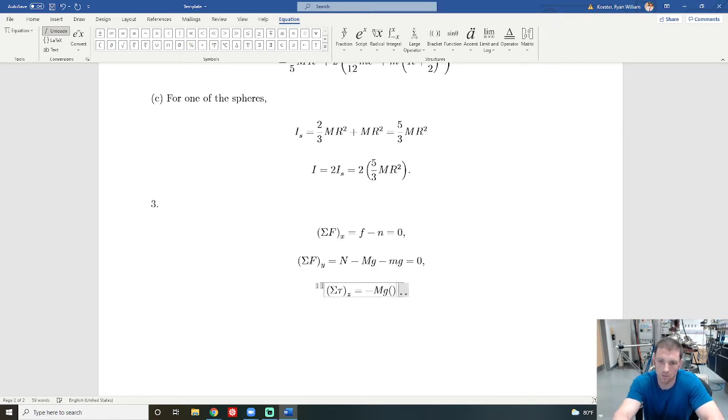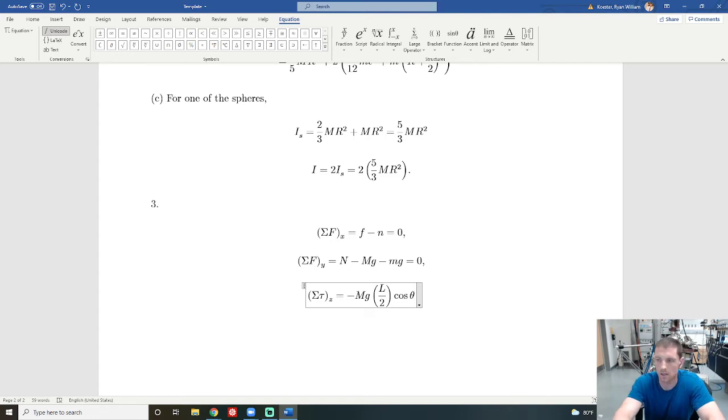And remembering that the center of mass of the ladder should just be halfway along its length, we can think that the gravitational force is acting at that specific point, right? And we want the perpendicular component here, so we have to add on cosine theta.